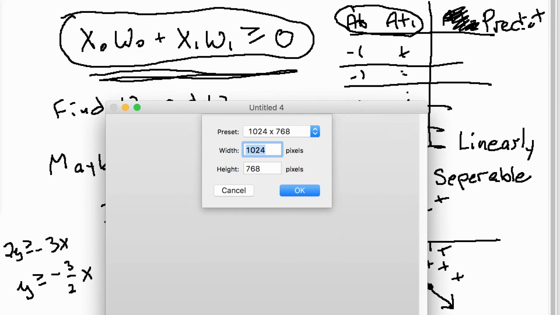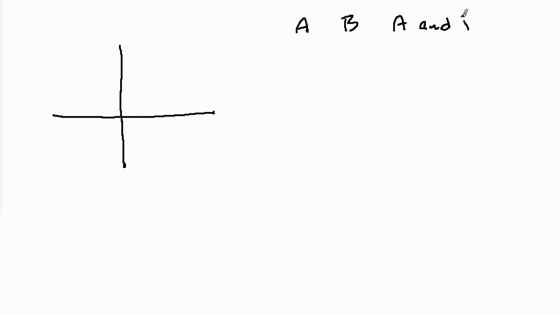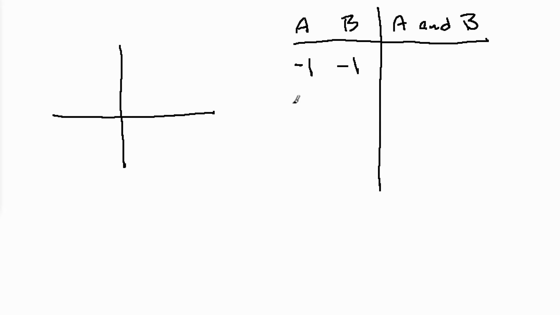Let's consider an example over here. Let me show you something interesting. Suppose I were to talk about A and B. Now I'm talking about logical A's and B's, and we could assume, for example, bipolar input, and we're assuming 1 means true and minus 1 means false.